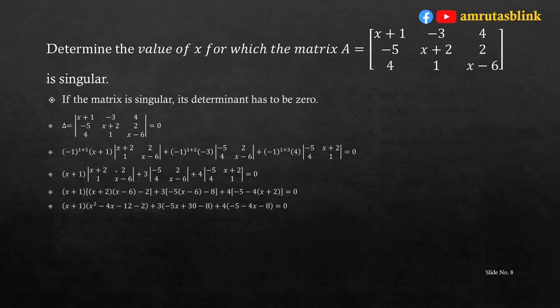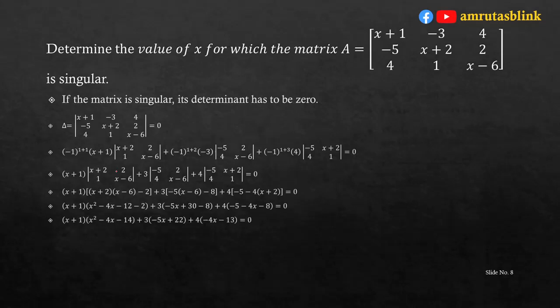Hence x plus 1 into bracket x square minus 4x minus 12 minus 2, plus 3 into bracket minus 5x plus 30 minus 8, plus 4 into bracket minus 5 minus 4x minus 8 is equal to 0.